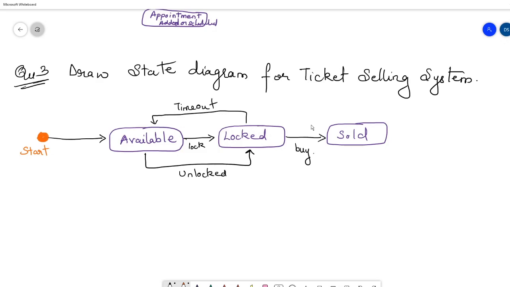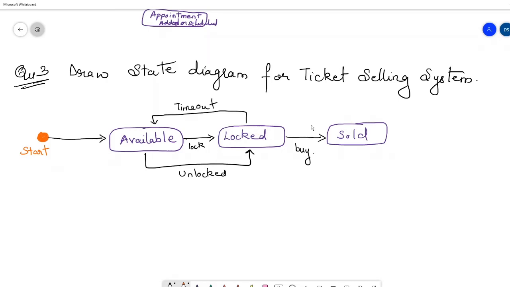Unlocked? Unlock means if the tickets are being cancelled, they can be made available for the users to book again. Availability would contain the tickets that are fresh, not booked by someone, or somebody would have booked and at the end time they would have unfrozen them or cancelled them.